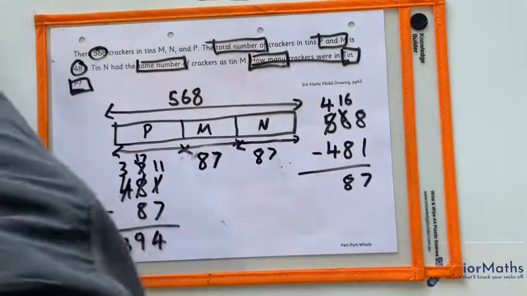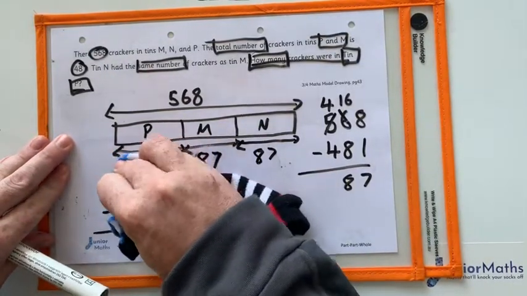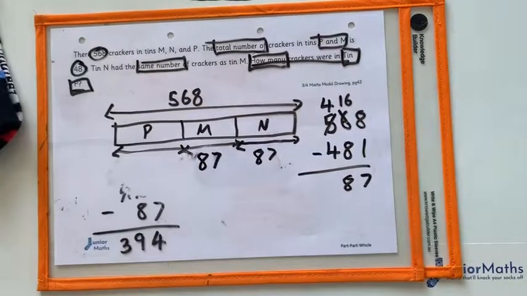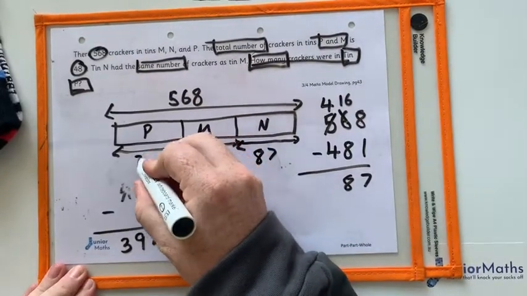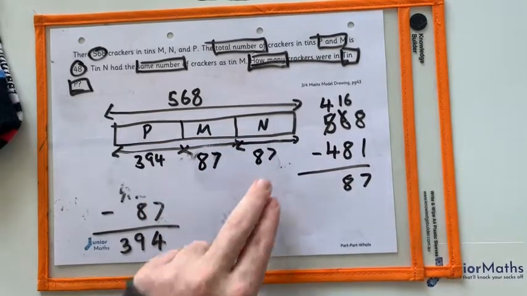So I just need to rub out a little bit of that working out there to fit that in. So P is worth 394, M is worth 87, N is worth 87.